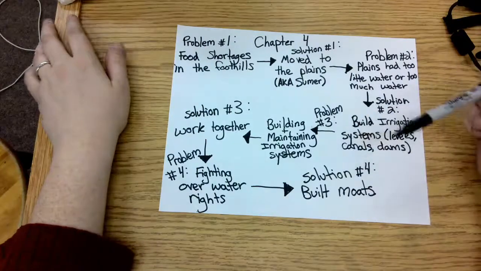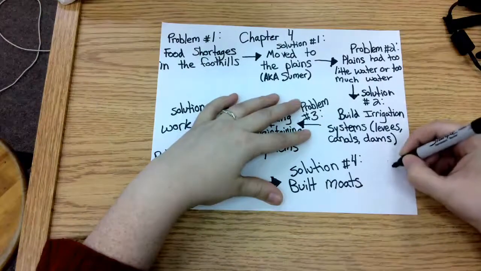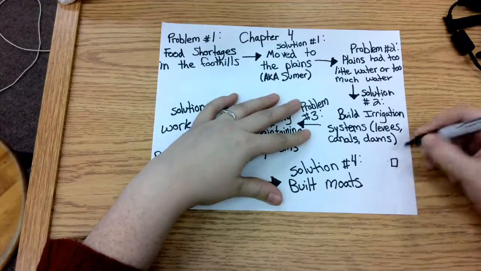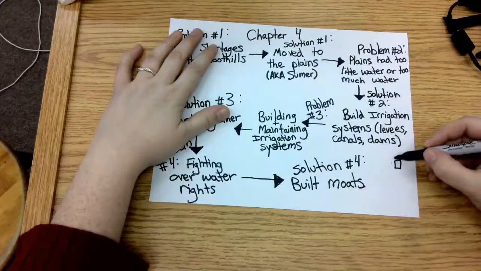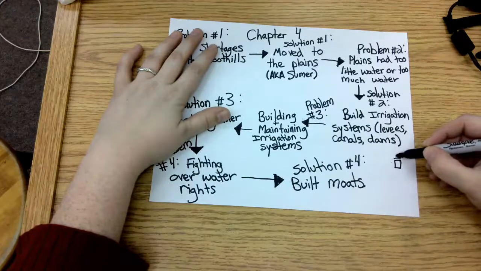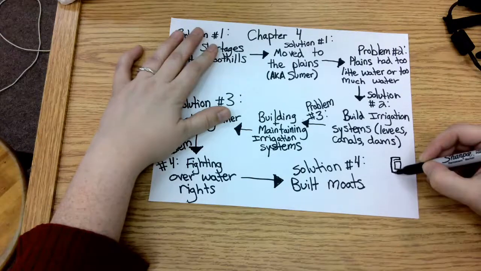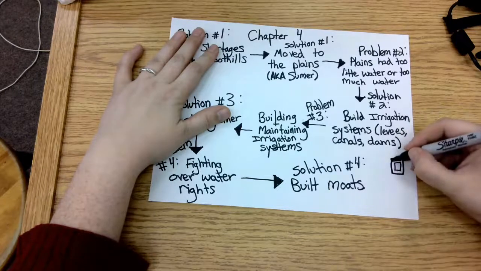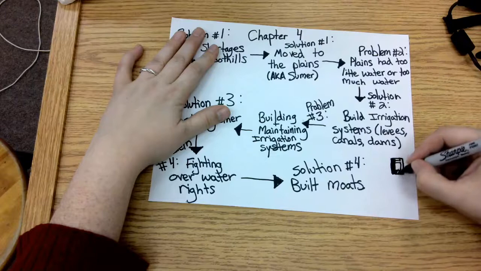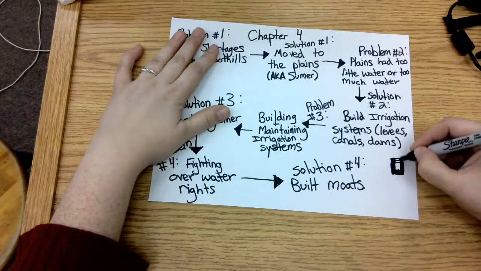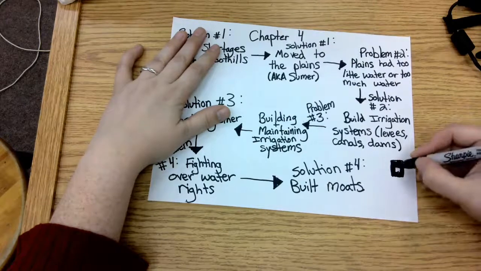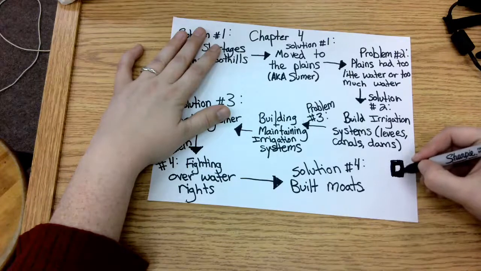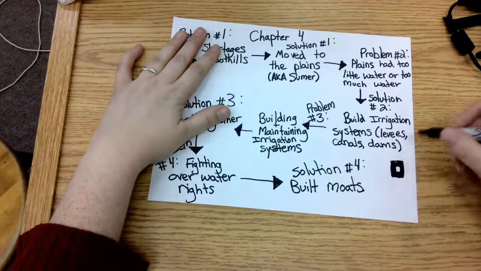So let's say this is our city. We'll build something around it. This would all be water. So they'd build this canal around their town. They call this a moat.